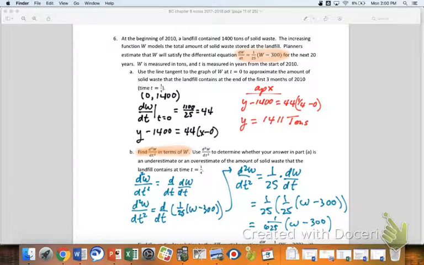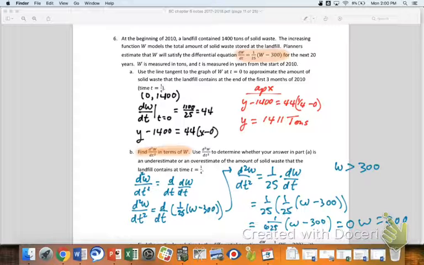So let's see here. That would be equals 0. So W equals 300 is when the second derivative equals 0. So then we'll just do some quick calculating in our heads. When W is greater than 300.